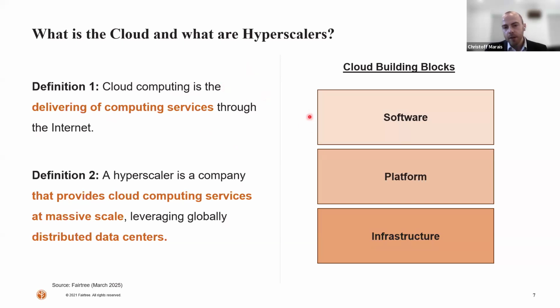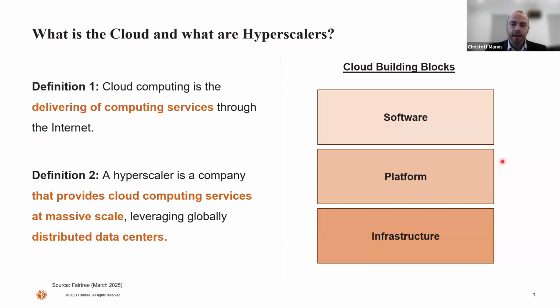Then shifting to the right-hand side of the slide. As you think about cloud computing or public cloud services, there are three building blocks. So infrastructure, which forms the foundational layer of public cloud. Infrastructure as a service is a cloud service that provides businesses with on-demand access to computer resources.